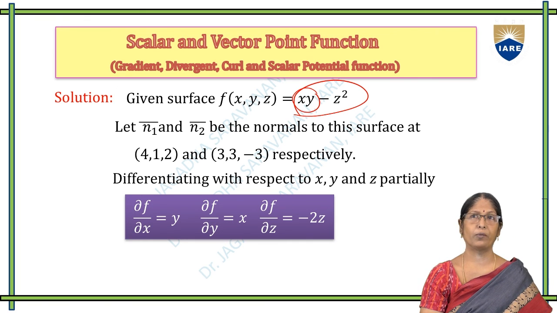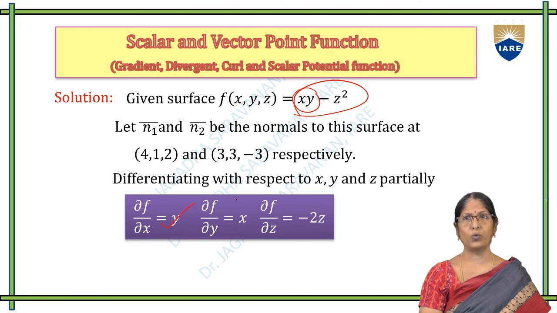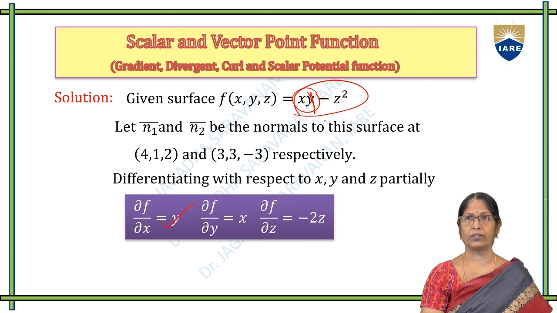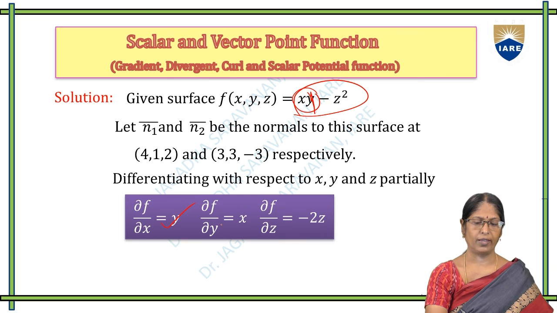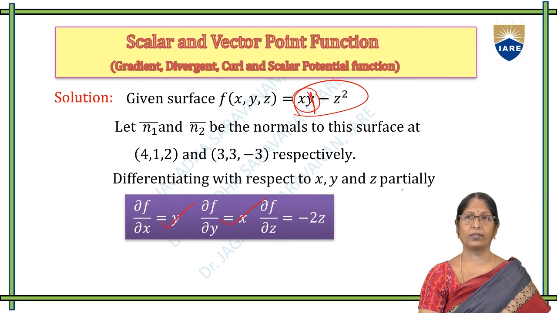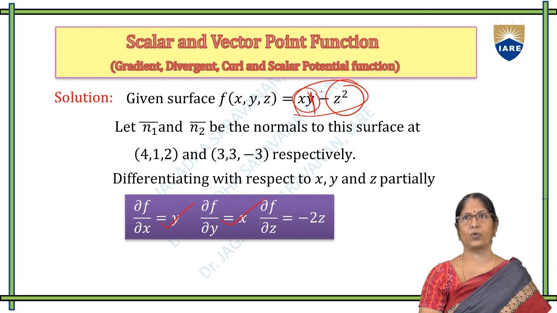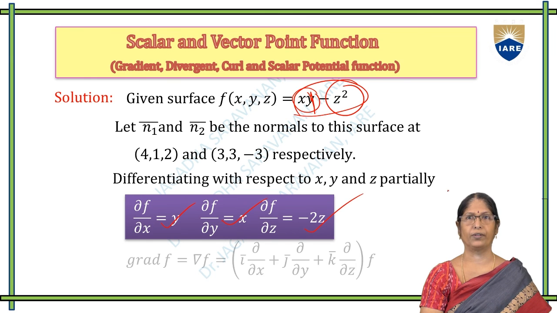So the derivative of x is 1, 1 into y, y. The second one is dou f by dou y. Here the variable is y, the differentiation is 1, 1 into x, x. The final one is dou f by dou z. Here the last term is z squared, the derivative is 2z. Already the negative sign is there, so minus 2z.